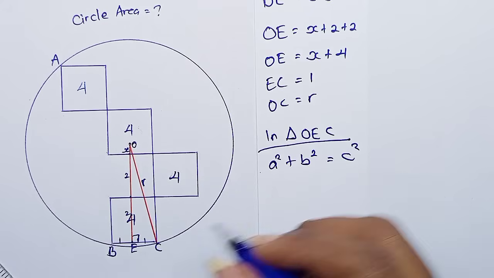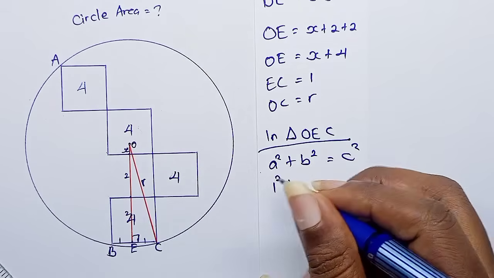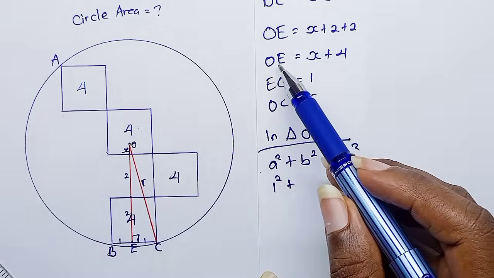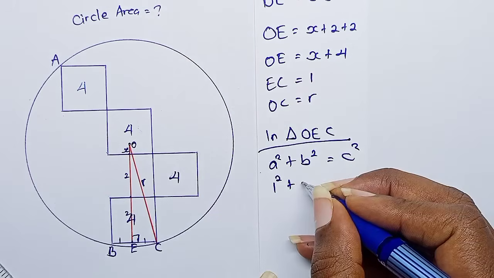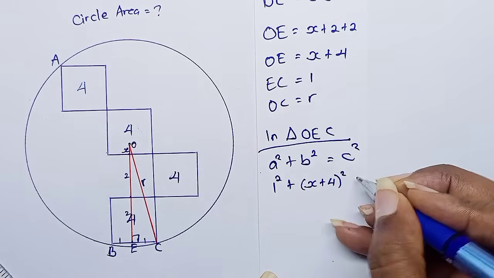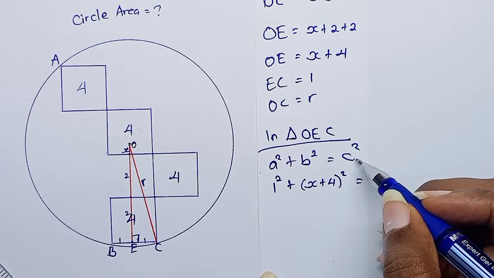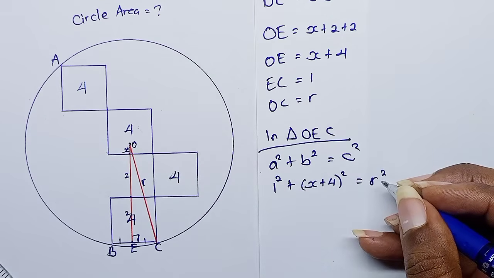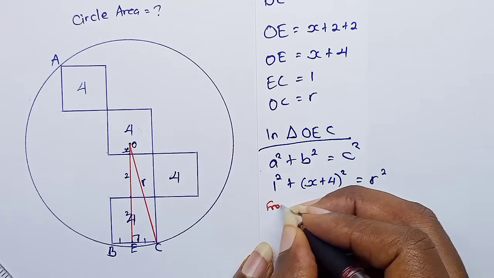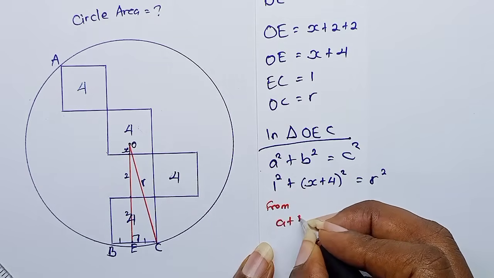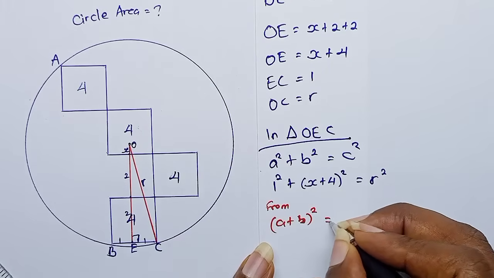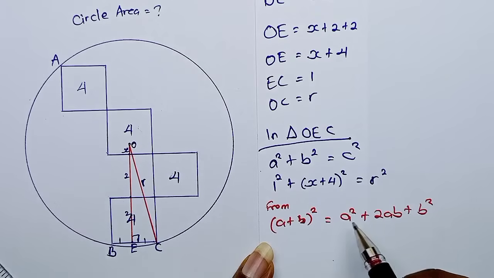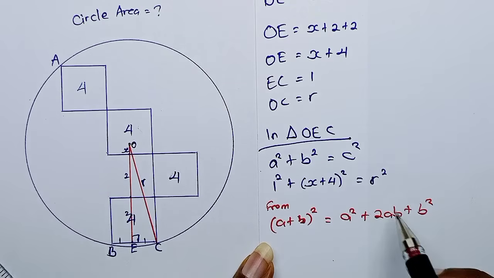Our a is 1, so 1 squared, plus our b, which is OE, X plus 4, squared, is equal to our c, which is R squared. Using (a plus b) all squared equals a squared plus 2ab plus b squared, we expand this.